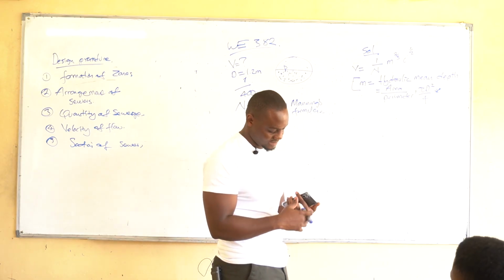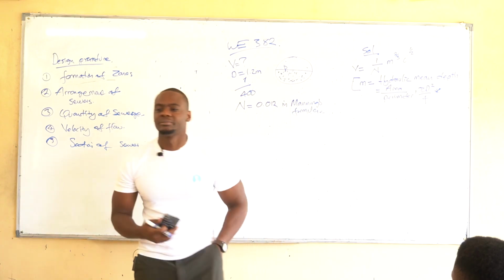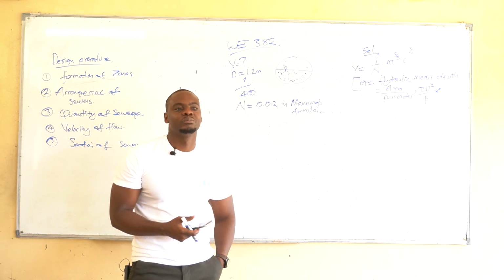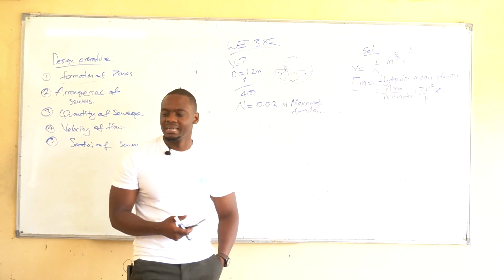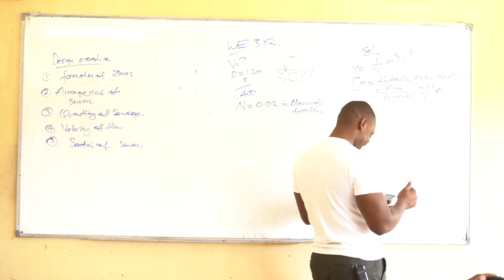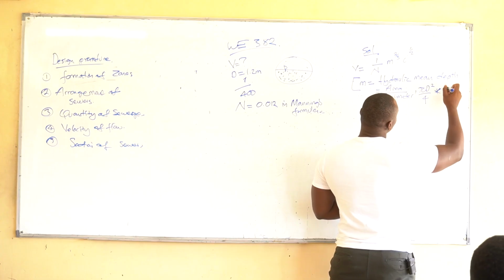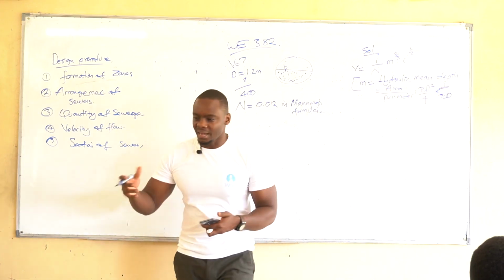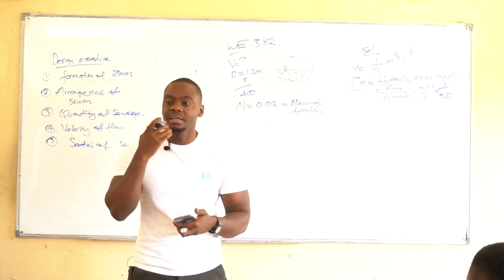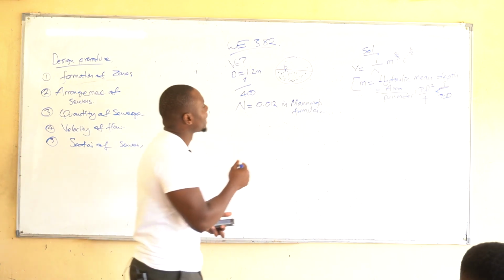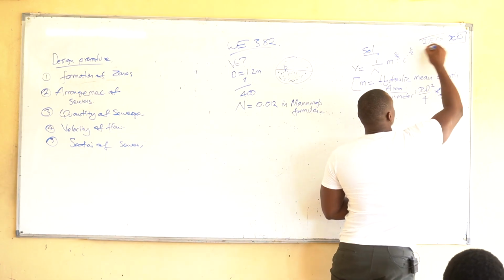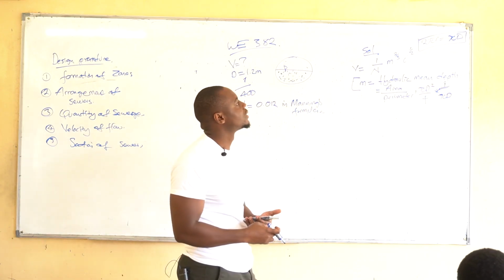It's 2 pi r, in a circle, right? So 2 pi r is equivalent to pi d.